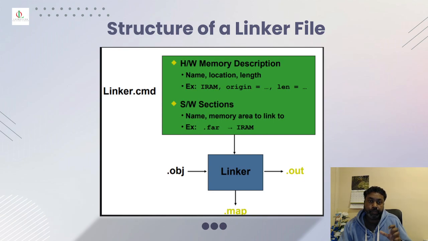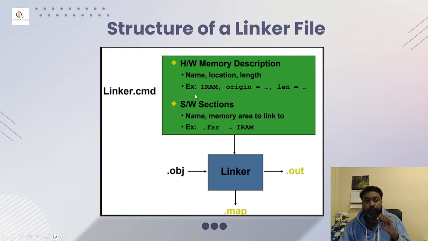Now let's see briefly the structure of a linker file. It starts with a linker command .cmd file, which tells you the different hardware memory locations, their length and location, where they're going to sit, and it also declares the software sections. So you have the name of the memory, whether internal or external, and so on. You have both the hardware memory description and the software sections in the linker command file.